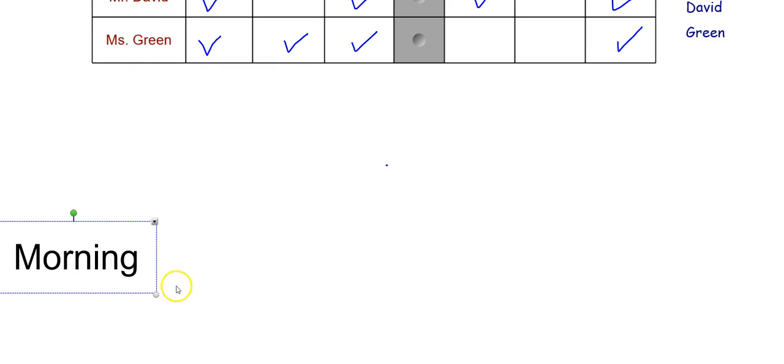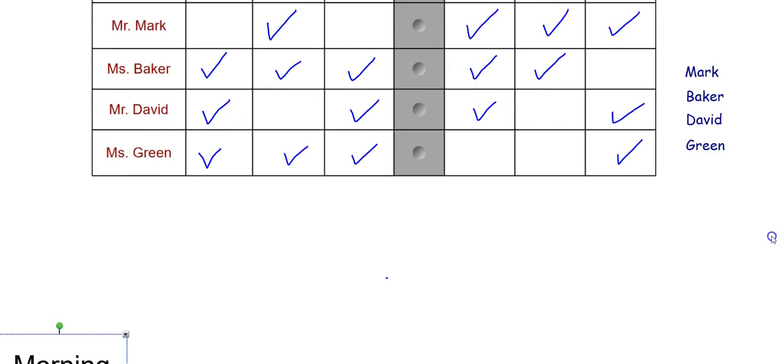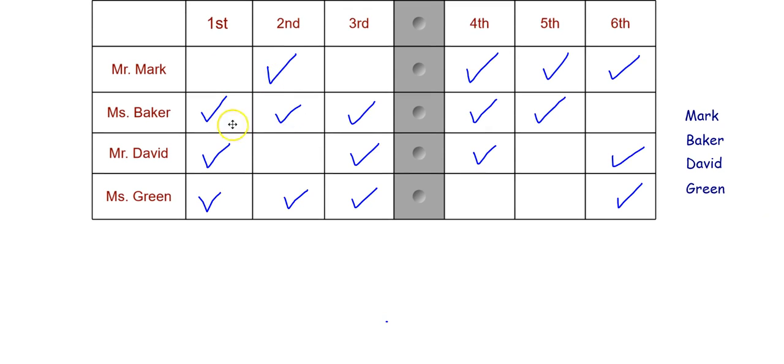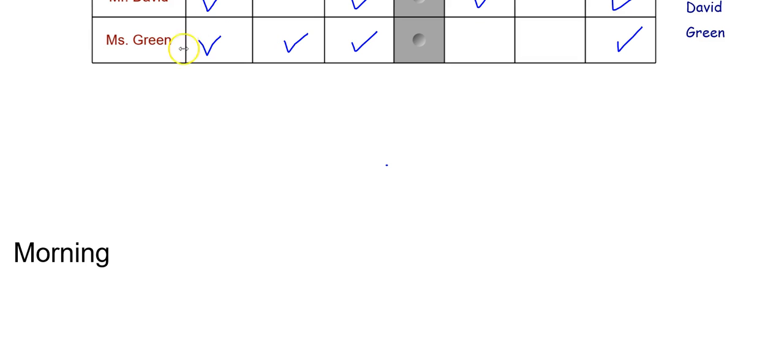In the morning, how many checks do I see here? 1, 2, 3, 4, 5, 6, 7, 8. So let me go ahead and write down. Mark, 8 checks. I mean, 8 branches will come out of this morning.